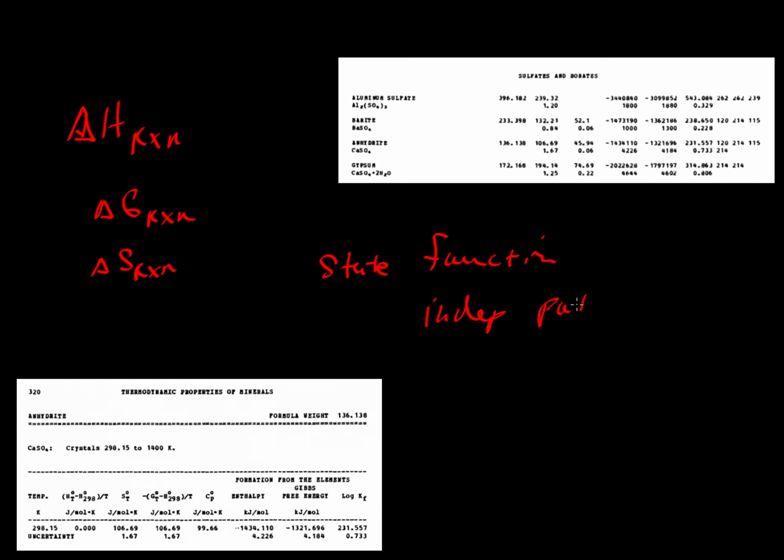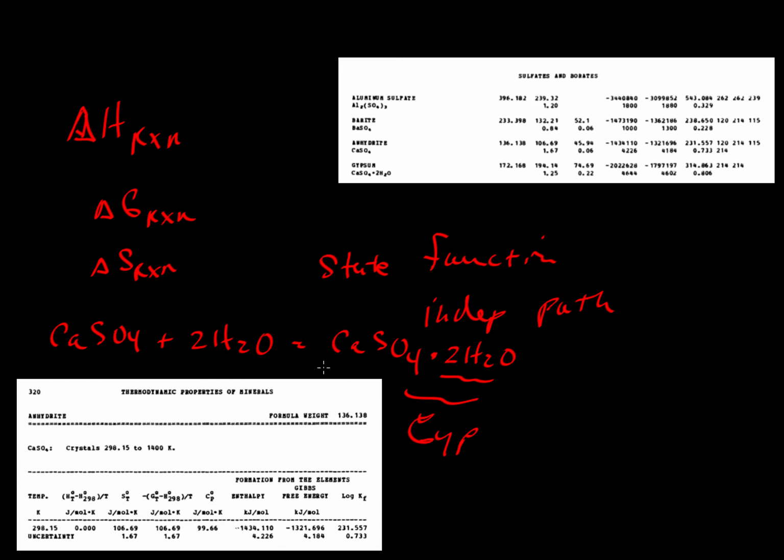We don't care what kind of molecular rearrangements happen to take anhydrite and react it with 2 units of water to get gypsum, which is CaSO4 times 2H2O. Remember that times, it's not really a times sign. The dot 2H2O means we have 2 molecules of water that are being attached to the calcium sulfate units to make this whole thing that we refer to as gypsum.